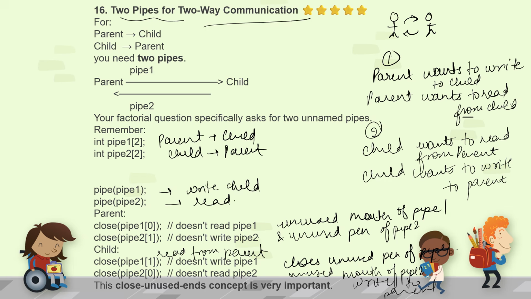So this is what I had to explain. The parent would always like to give his or her suggestion to the child and then get the child's suggestion, so he wants to read also. Similarly, the child would first want to get the parent's suggestion and then give his suggestion.